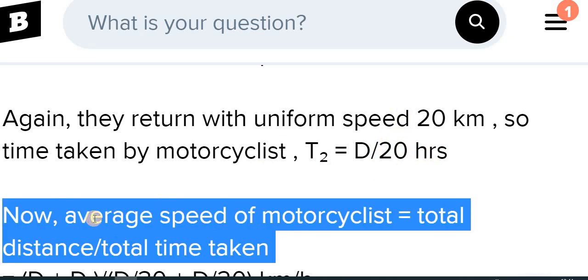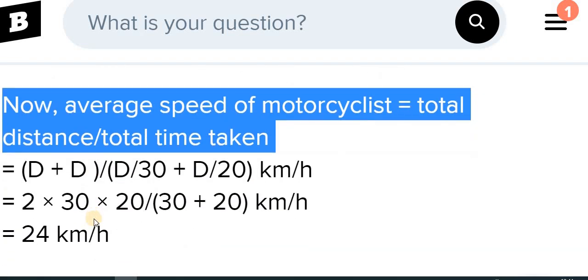So now we have to find the average speed over both conditions. The average speed of the motorcyclist is equal to the total distance traveled divided by the total time taken.